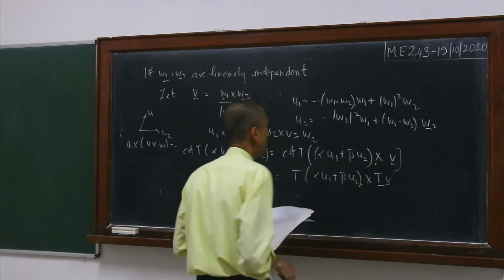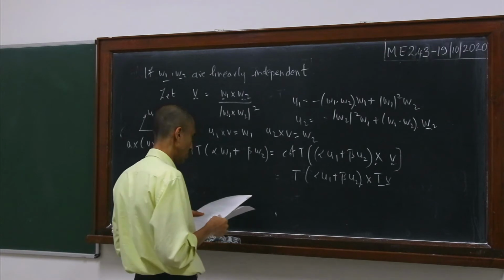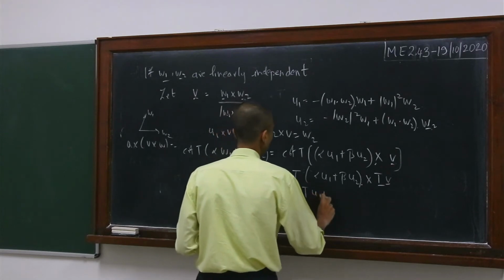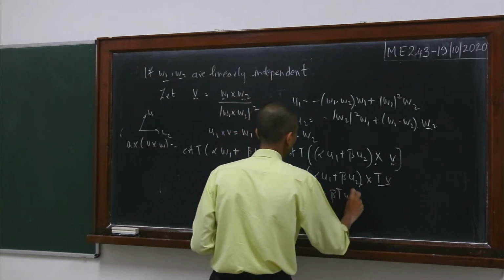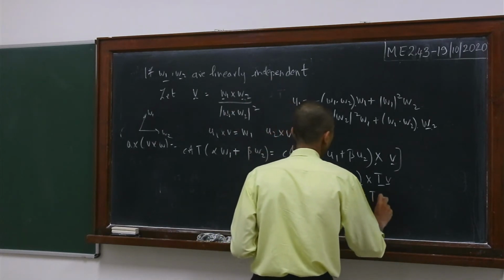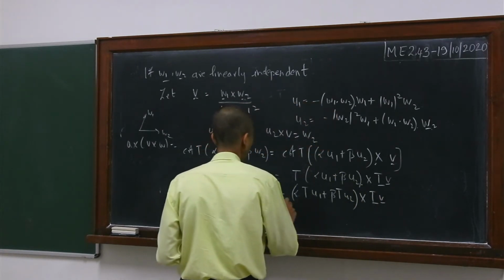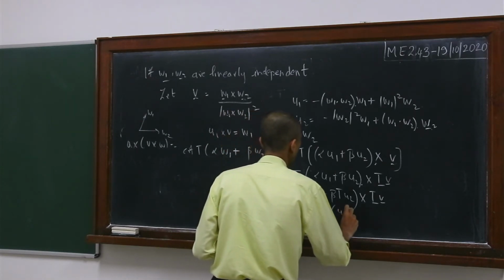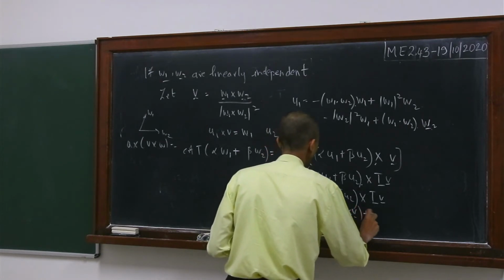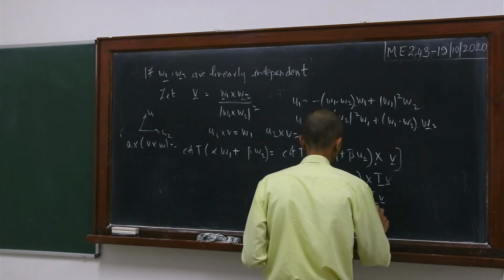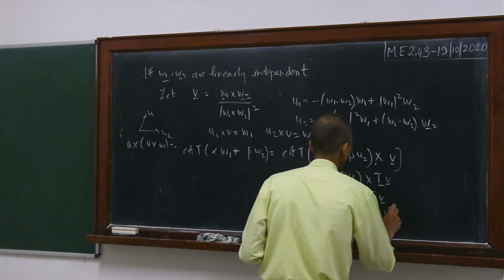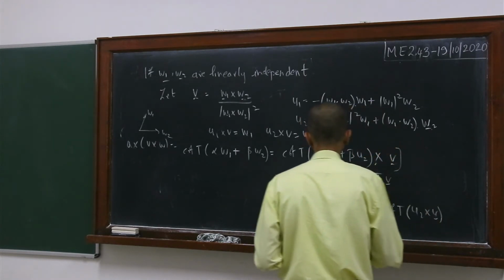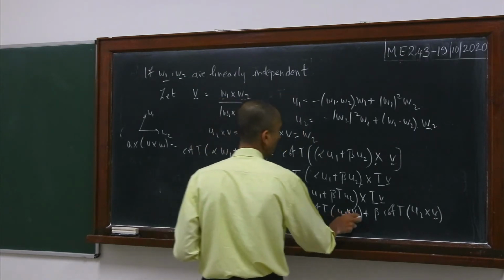This is just the definition of the cofactor of T that I am using here. Now use the linearity of the tensor transformation T. So you will get alpha TU1 plus beta TU2 cross with TV, and then again write this as alpha times cofactor of T acting on U1 cross V plus beta times cofactor of T acting on U2 cross V, and then you can write this as W1 and this as W2.